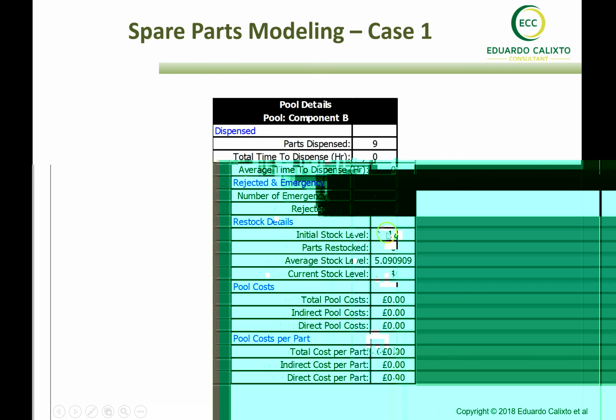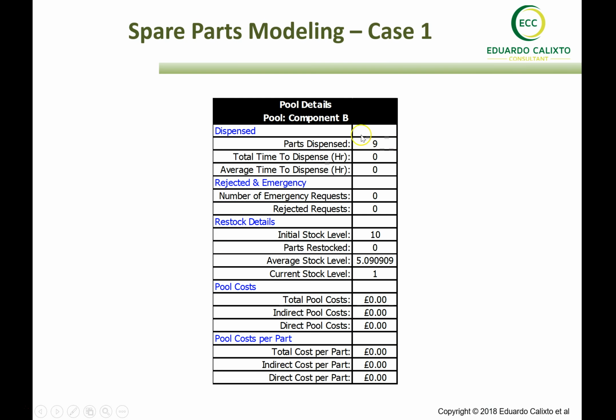For component B, I had to use 9 spare parts, and I have no time impact concerning spare parts and no impact on my system performance, so I had no rejected items, and because of that I did not have any downtime.